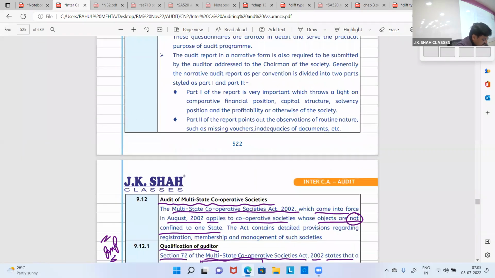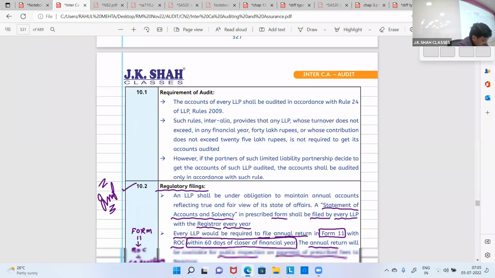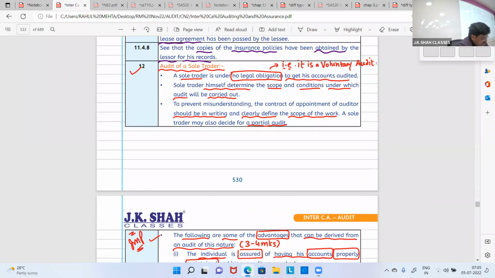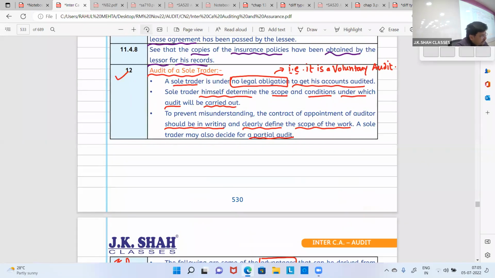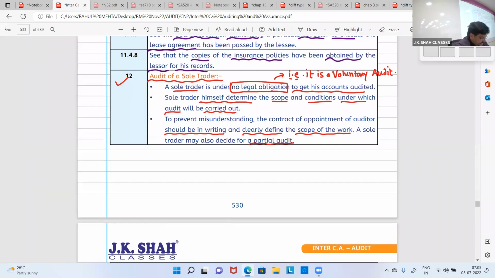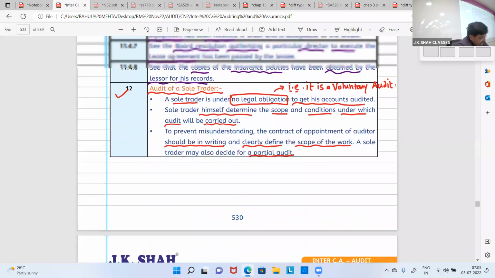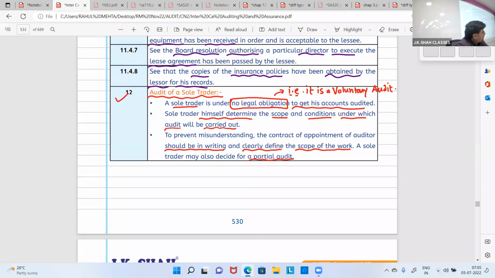Sole proprietor is last, right? Somewhere behind. Page number 550, please. Did you find it? Yes.